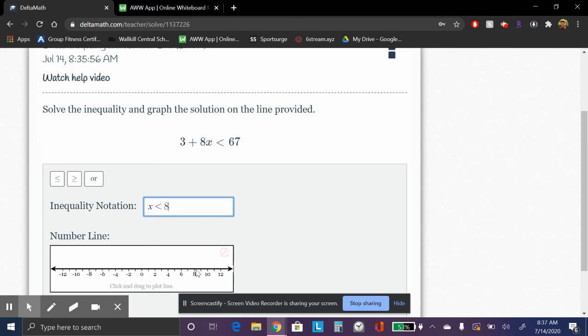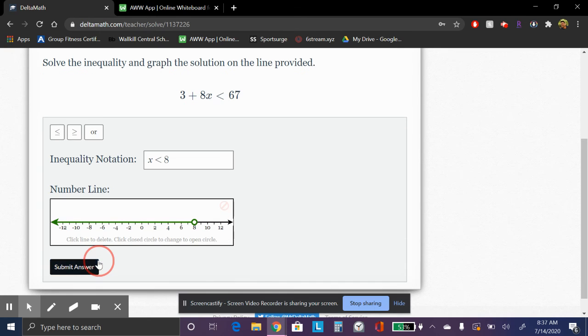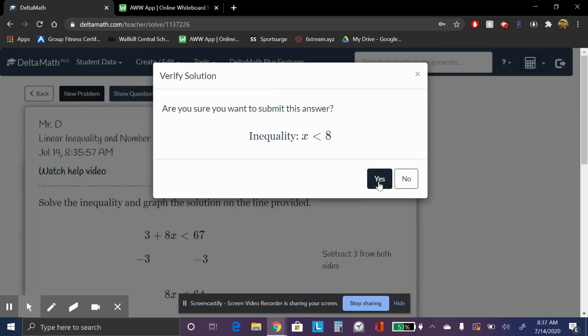At 8 here, we click and drag all the way here, but we also have to make this an open circle because it's not equal to. If it was one of these symbols, this would have to be closed, but this has to be open. Submit it. And yes.